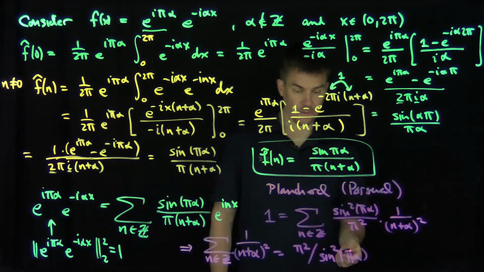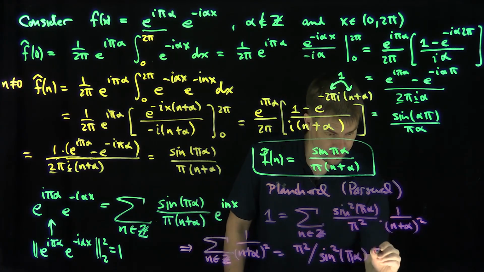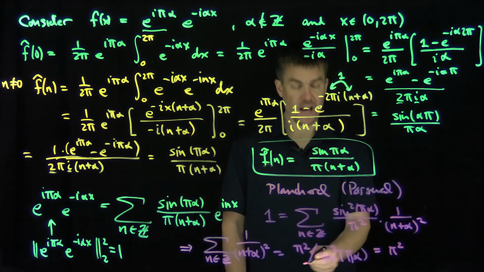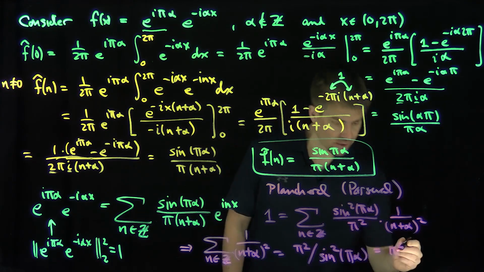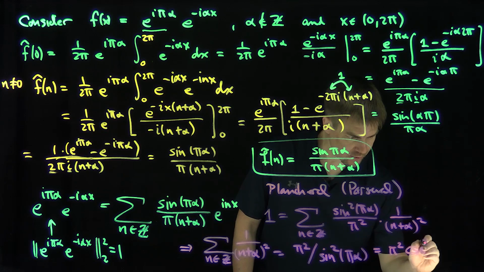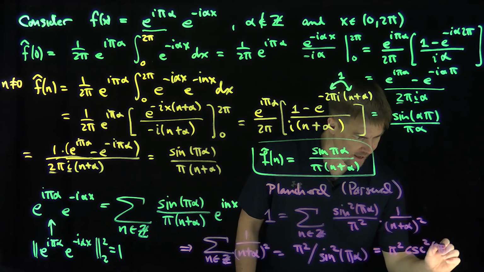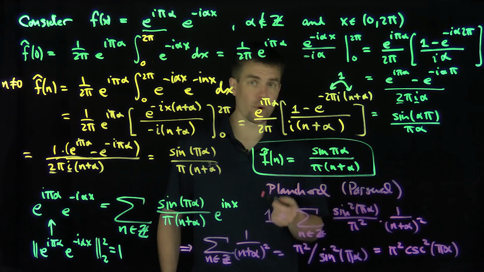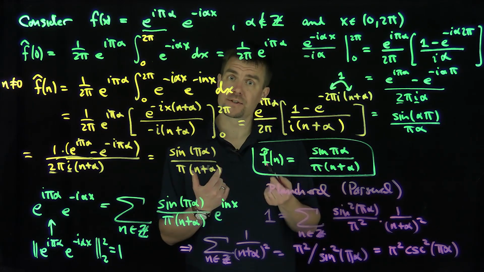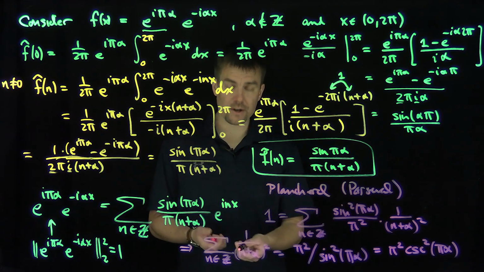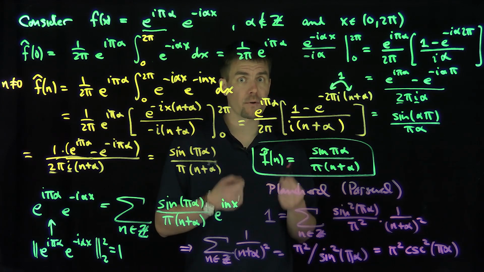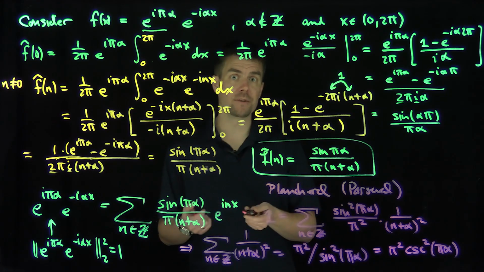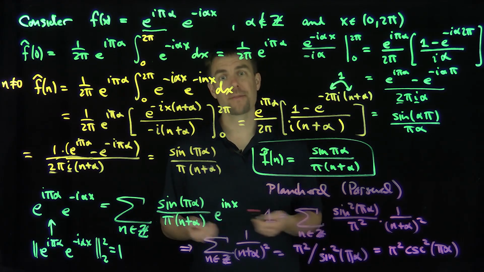In other words, since 1 over sine is cosecant, this is cosecant squared of pi alpha. So I have an infinite series representation for cosecant squared of pi alpha, where alpha is not an integer, and this formula allows me to compute a wide variety of different number theoretic properties of these reciprocals of the sum of the squares. Thank you very much.